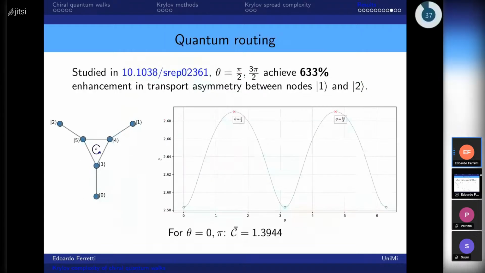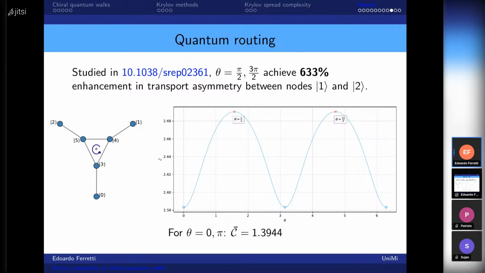Then we move to more interesting topologies. If you remember, I talked about the quantum switch, which is this kind of topology, even with longer tails. This was one of the first topologies studied in the context of chiral quantum walks, because of course this one has a reflection.